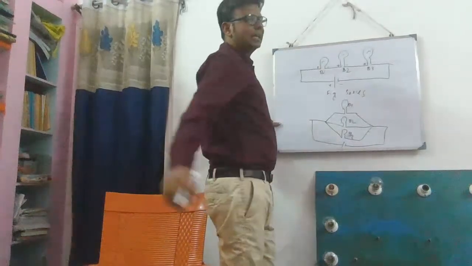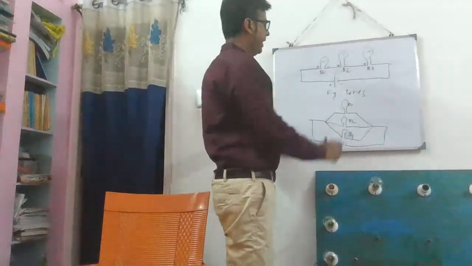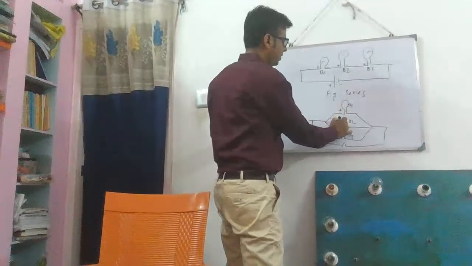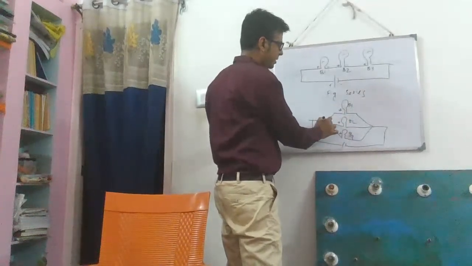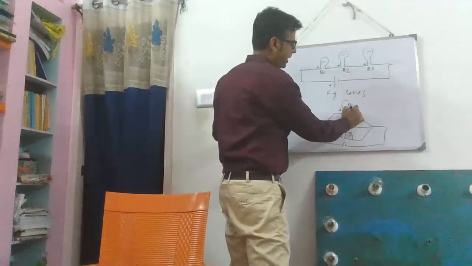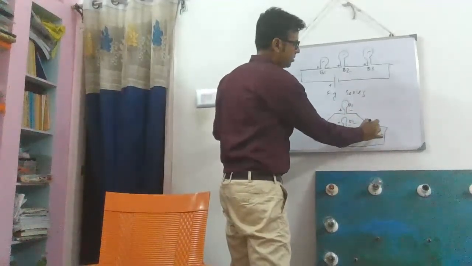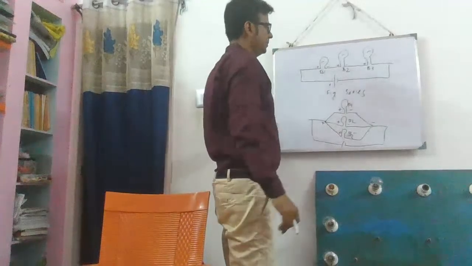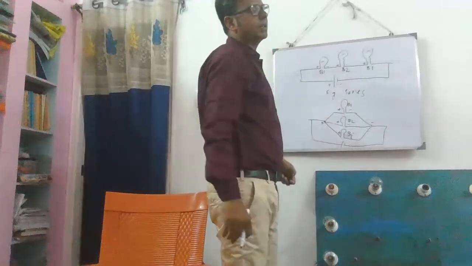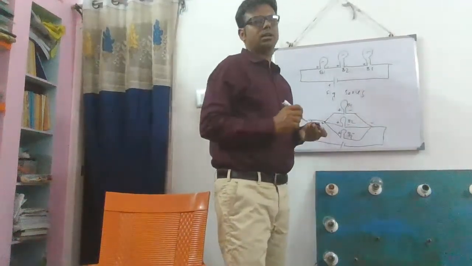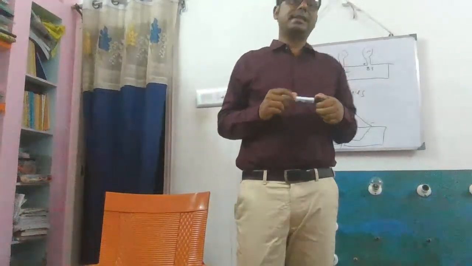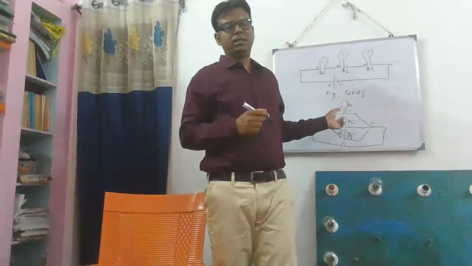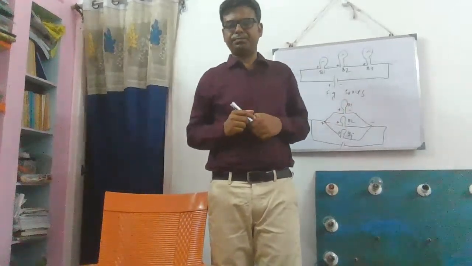In a parallel connection, we see that all the positive points are connected with a single entry, and all the negative points are connected with a single entry. So the connection is important here. Just two connections, that is series connection and parallel connection.